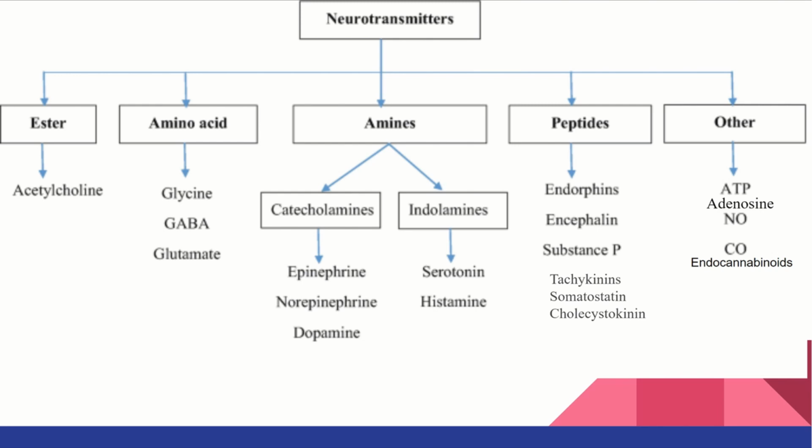And blocking the synthesis and release or action results in convulsions. So we can actually have overstimulation of the brain without GABA being present. And that's what the convulsions are the product of.